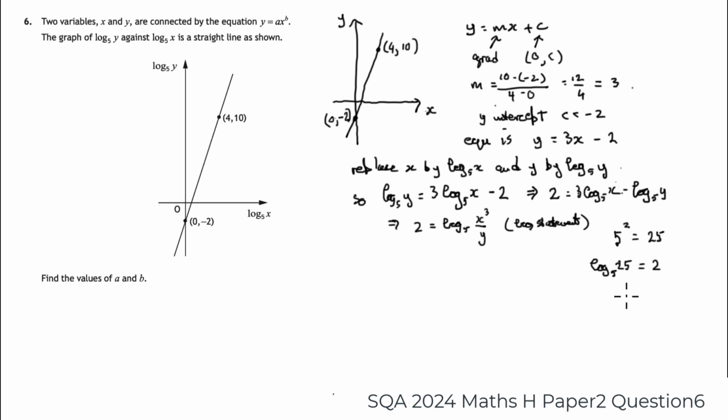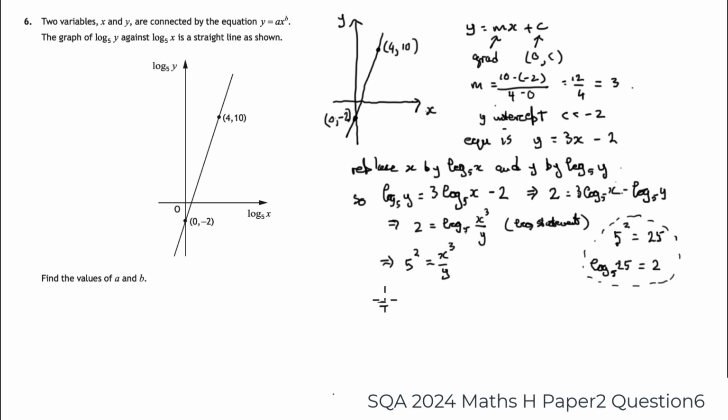I sometimes read this as what power do you raise 5 to get 25? And the answer's 2. So if we compare this log statement here with this power statement, what power do we raise 5 to get this? The answer is 2. So 5 raised to the power 2 will give you this number, x cubed over y.